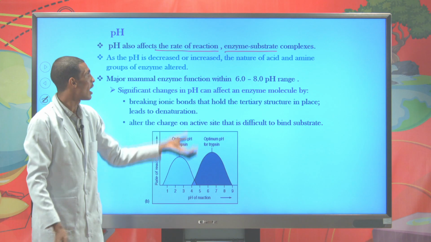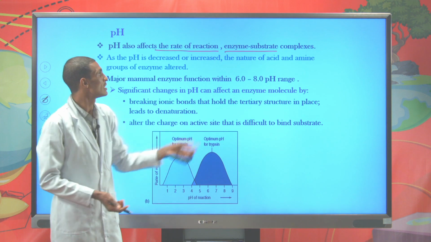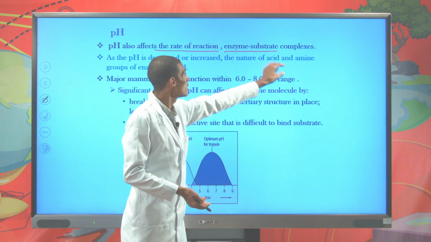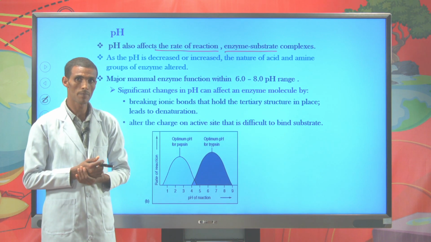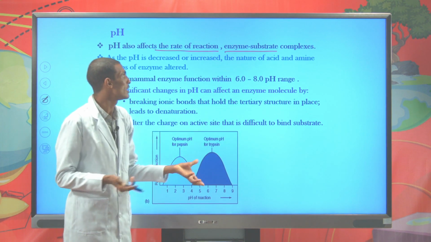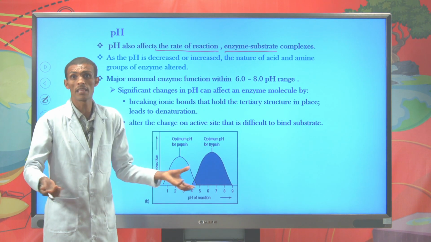We have seen that a protein contains carboxyl and amine groups, and the charges over the amine and the carboxyl become affected. If the charge is affected, the enzyme may no longer catalyze, no longer speeding up the rate of the reaction.